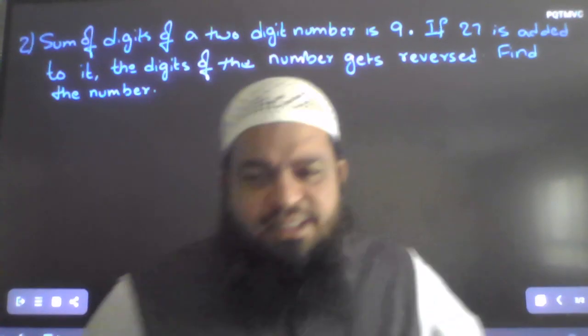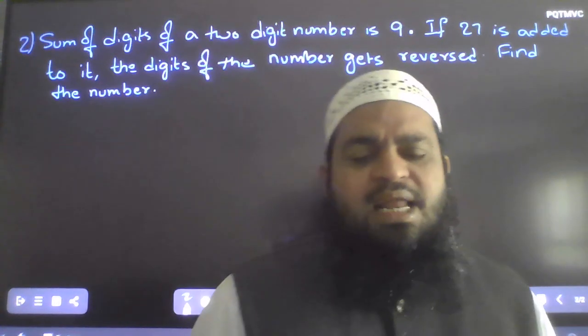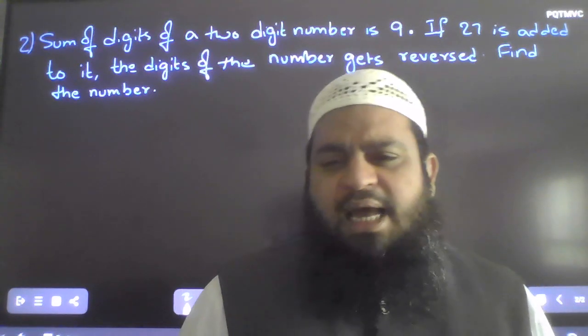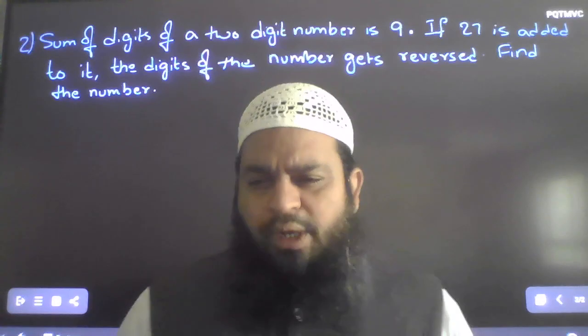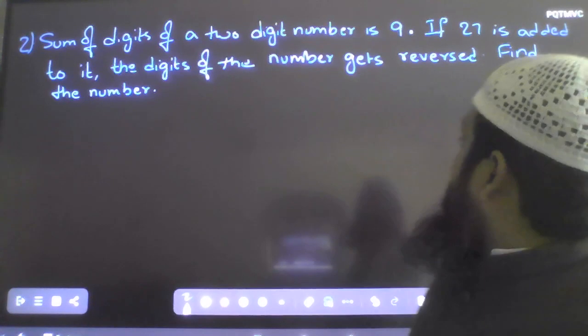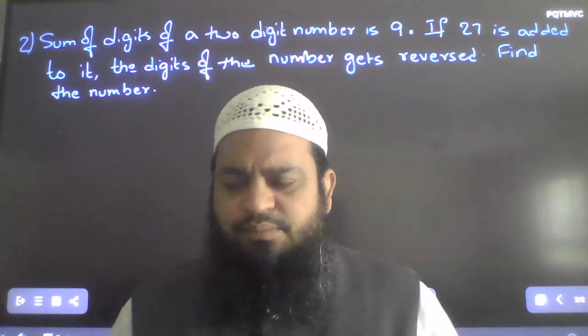The next question is: the sum of digits of a two-digit number is 9. If 27 is added to it, the digits of the number get reversed. Find the number.